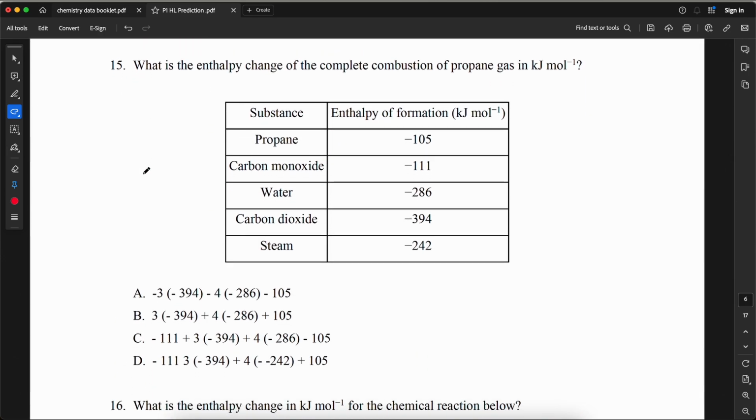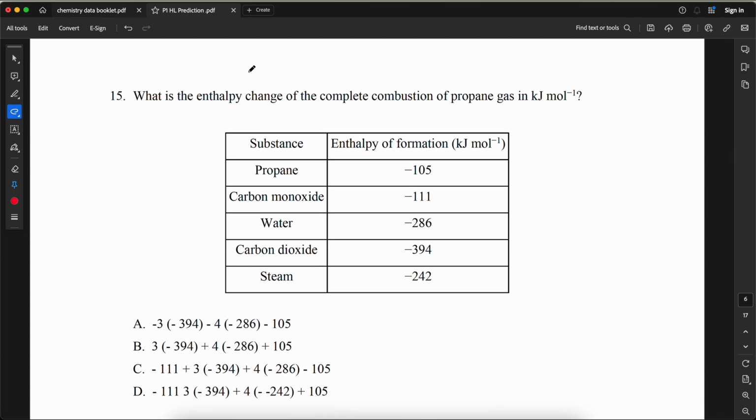Number 15, what is the enthalpy change for the complete combustion of propane gas in kilojoule per mole? So the reaction would be propane C3H8 reacting with oxygen to produce CO2, complete combustion, yeah? So it produces CO2 plus H2O. Let's balance them.